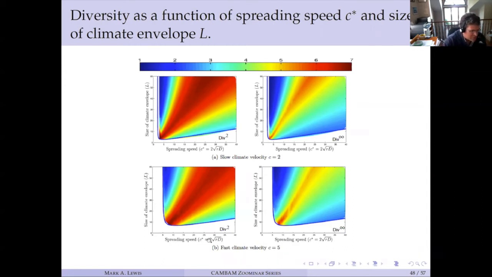The second row shows the situation for faster climate change, whereas the first row would be slower. And it's possible to show that the faster climate change is eroding the diversity. The deep red colors aren't seen in the bottom as much as in the top.